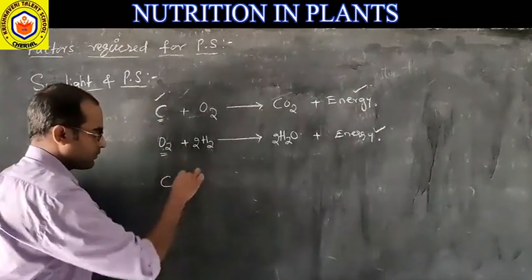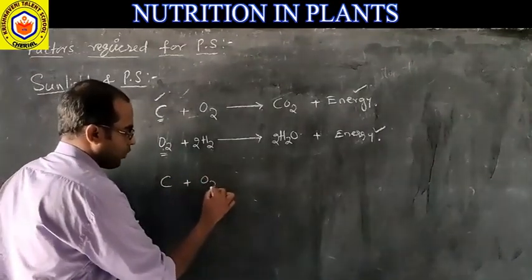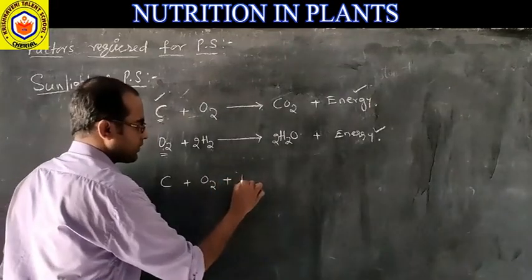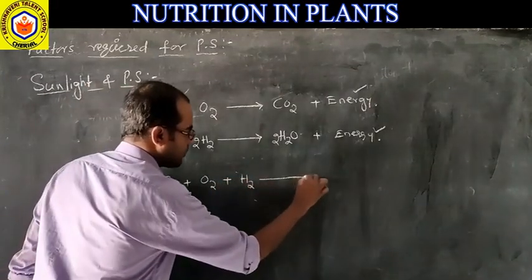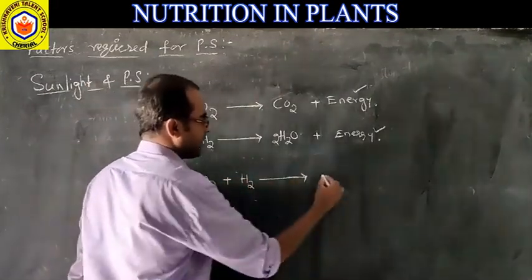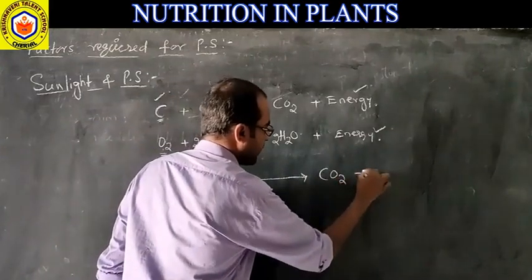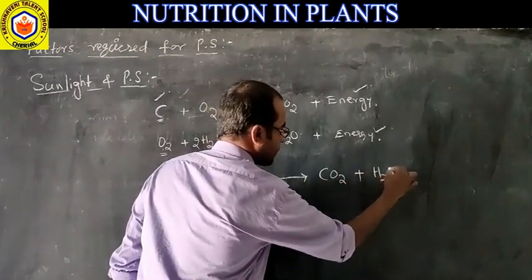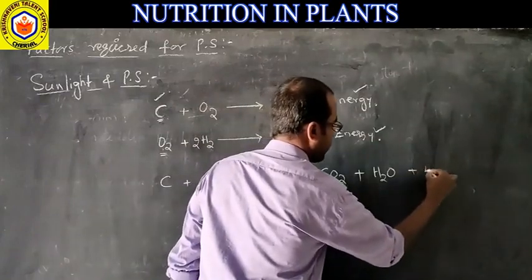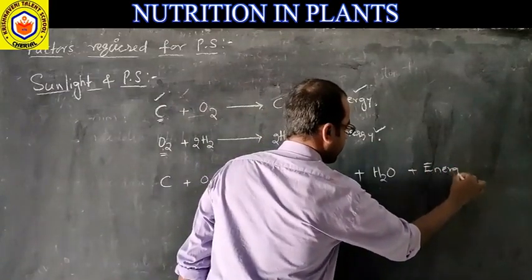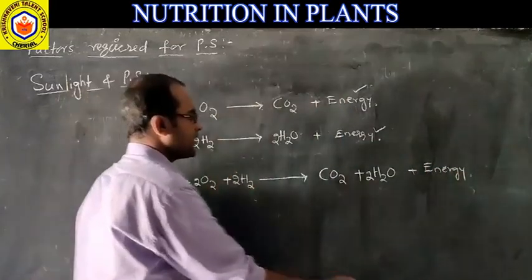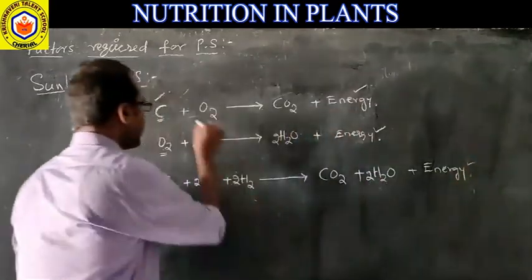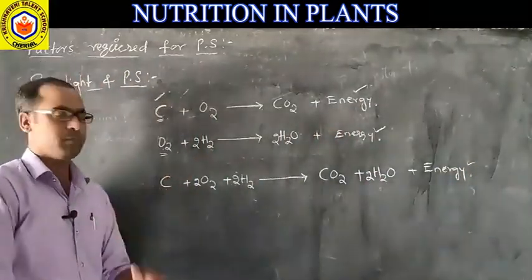Carbon plus oxygen plus hydrogen gives carbon dioxide, water, and energy. This is the equation when we write these two in a single form.